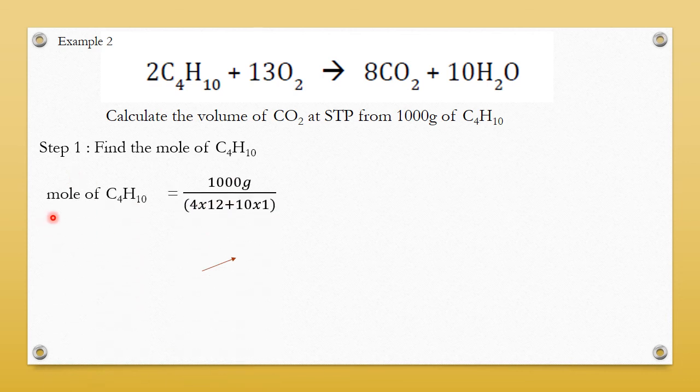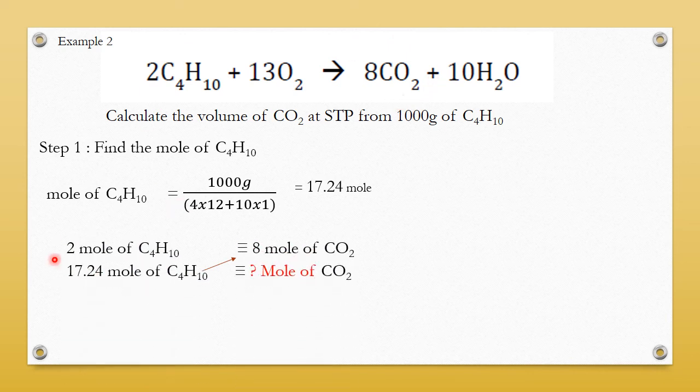To find the number of mole, we use the mass divided by the molar mass, and the number of mole of butane is 17.24 mole. After we found the mole of butane, from the balanced chemical equation, we can see 2 mole of C4H10 will produce 4 mole of carbon dioxide.